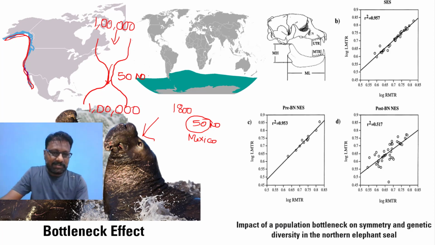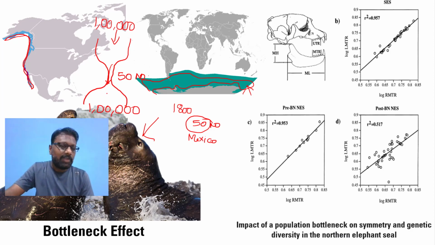That is the present population of the northern elephant seal. Similarly, the southern elephant seals, which are distributed in the Antarctic region, are in general very high in number because they have not faced such human activities, and their population has had no such effect.